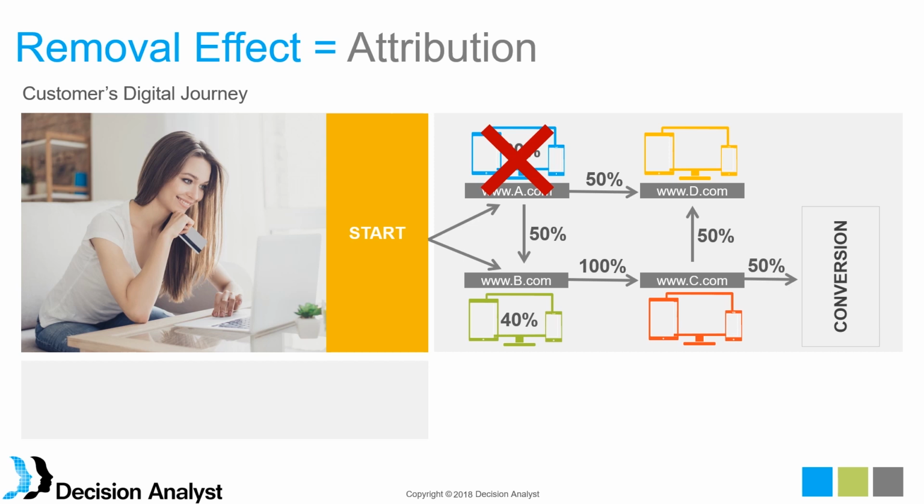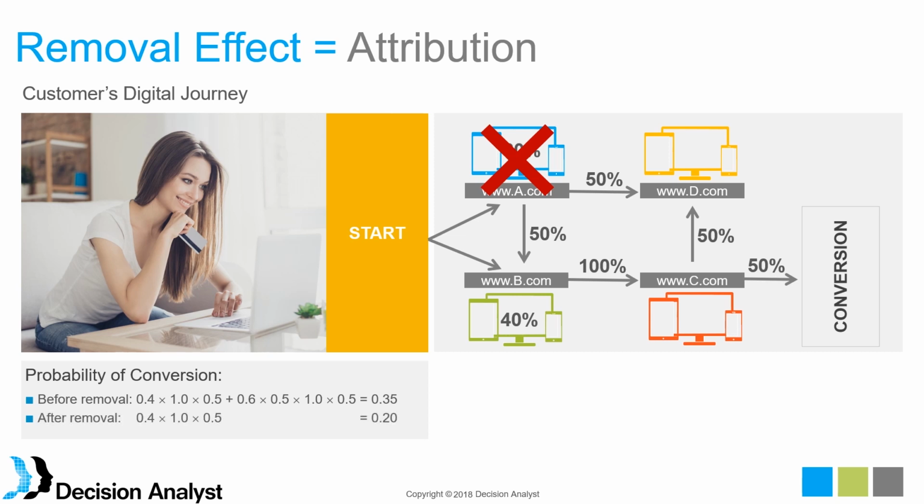And if one were to remove it, one can use a kind of chain rule: the initial state probabilities on the websites, multiplied by the transition probabilities in each step in the journey, to get the probability of conversion. According to this diagram, the probability of conversion, with 2 different possible pathways of getting to conversion, is 35%. But if you were to remove website A, that removes one of the pathways to conversion, and the probability of conversion drops to 20%.